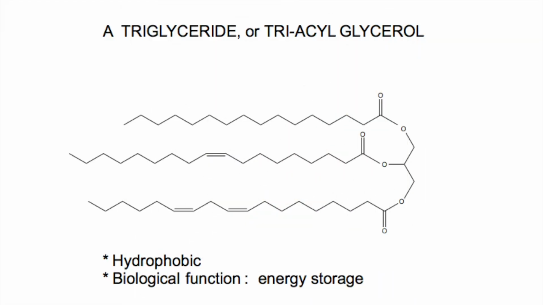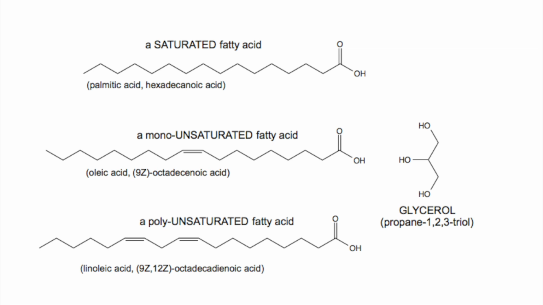Dietary fats like butter and olive oil are mostly mixtures of different triglycerides, molecules like the one shown here. Triglycerides are also called triacylglycerols because they can be broken down into three long-chain carboxylic acids, which are called fatty acids, and a glycerol molecule. Fatty acids with no carbon-carbon double bonds are called saturated, while those with one or more double bonds are monounsaturated or polyunsaturated.